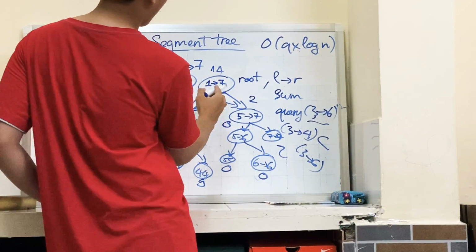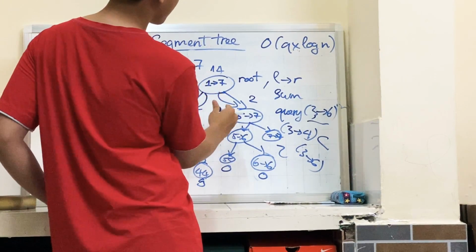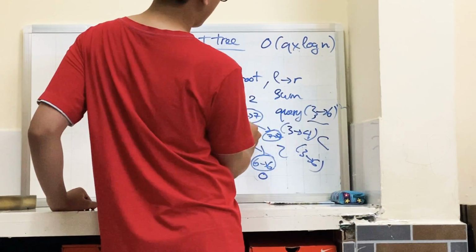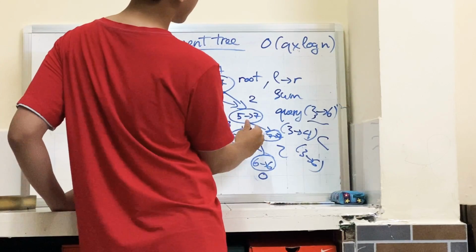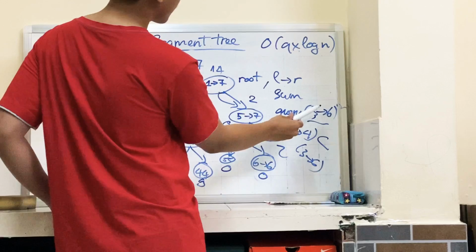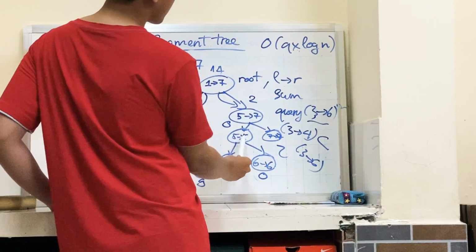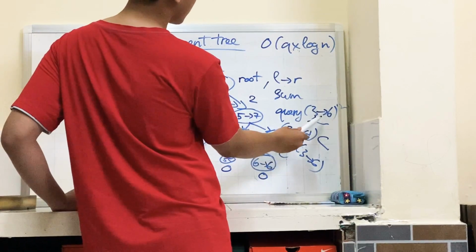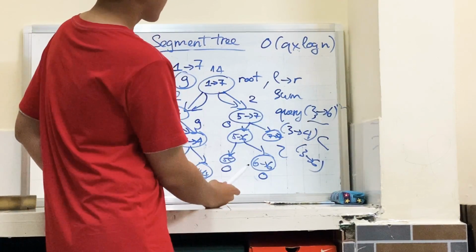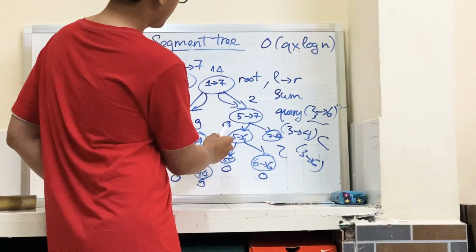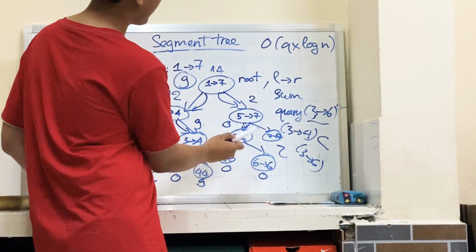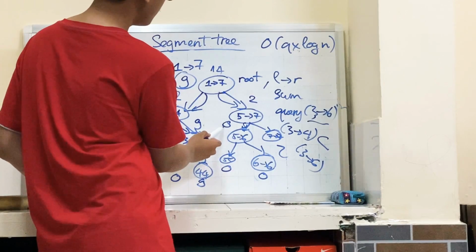Then you move to the right side, 5 to 7. 7 to 7 is outside of 3 to 6, so you move to the left side. 5 to 6 is inside 3 to 6, so you return its value, which is 0.